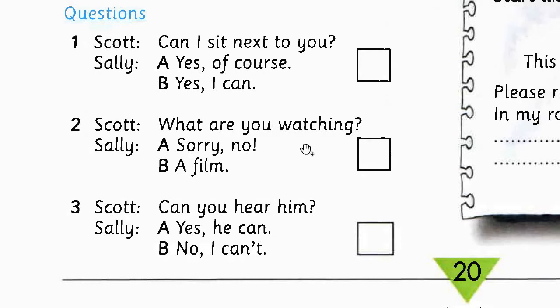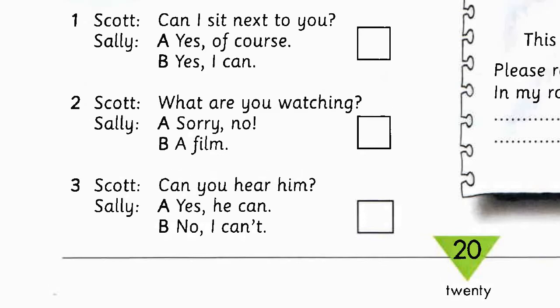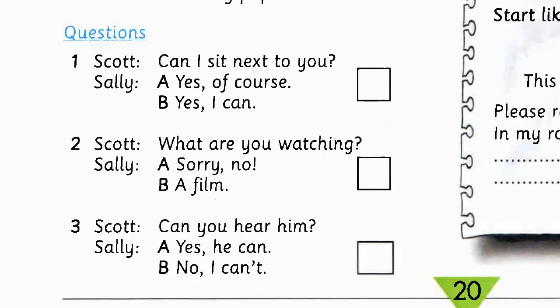What are you watching? A, sorry, no. B, a film. A or B? You have to write in this box. And question number 3. Can you hear him? Yes, he can. No, I can't. Okay, very good questions for you.